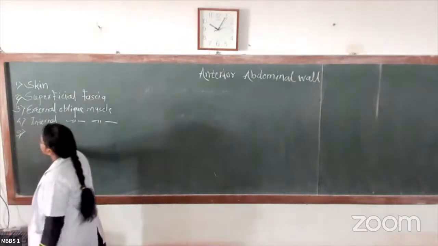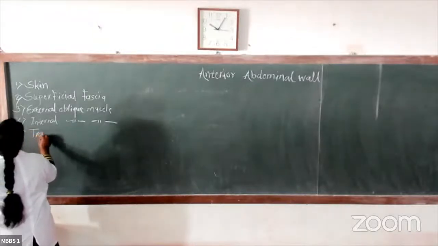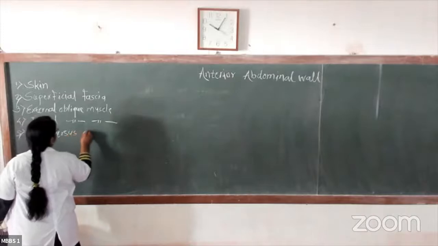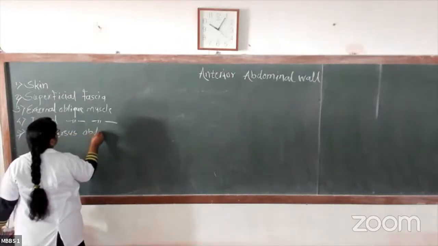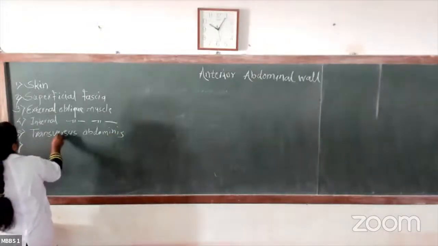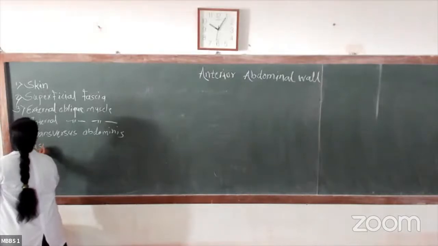Deep to this internal oblique, there is transversus abdominis with its aponeurosis. This transversus abdominis is lined by the fascia transversalis.